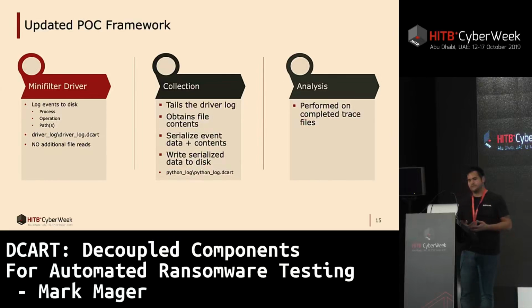We're going to take this content and write that out to a custom log file that we're going to save. But that's all we're going to do with the mini filter driver. We don't want to introduce any sort of additional file reads. We're not going to read in the content or write that content out to that log file. We're trying to keep it essentially as simple as possible because of the high risk of operating in kernel space. And I mean, that's more just me kind of looking out and trying to cover my own tail.